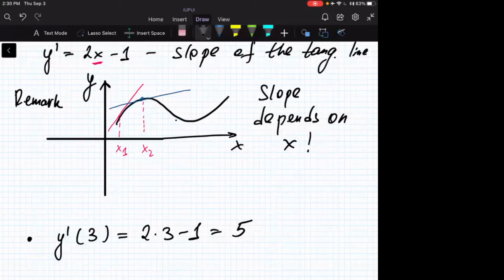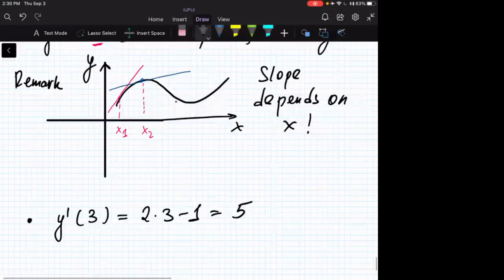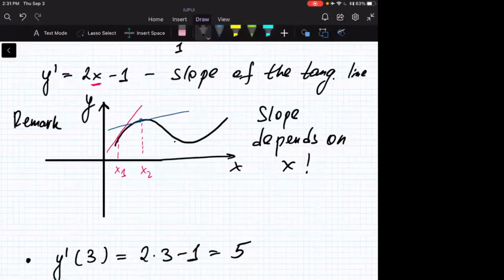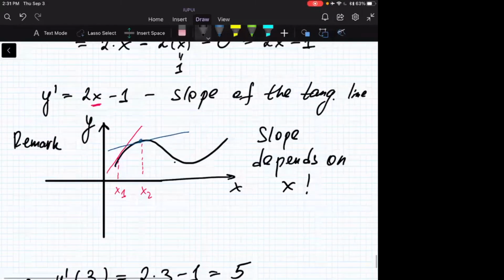So I specify the point, and I can calculate the corresponding slope of the tangent line. So even though the slope depends on x, that means that you have many different tangent lines, but when you specify the point, you will get only one tangent line and only one slope for that.